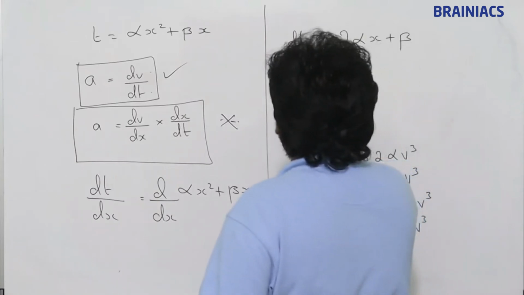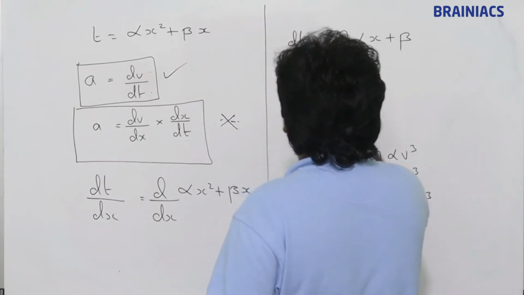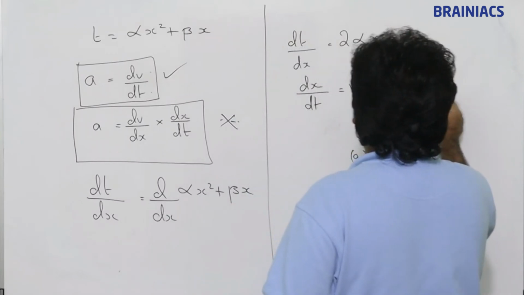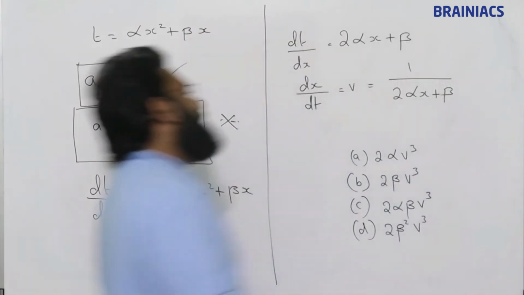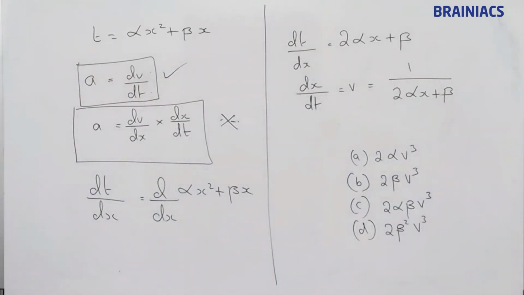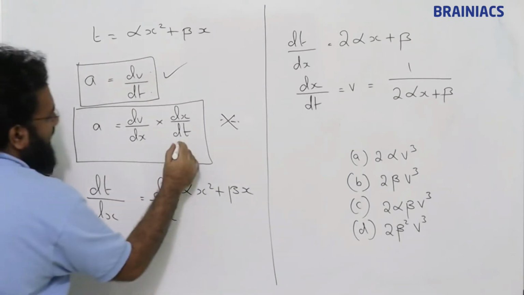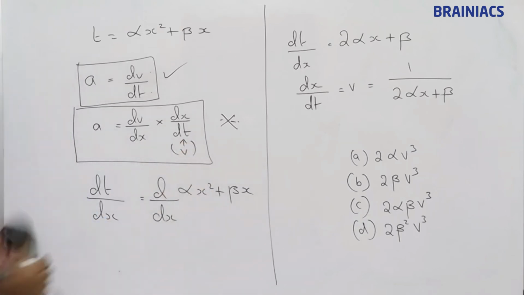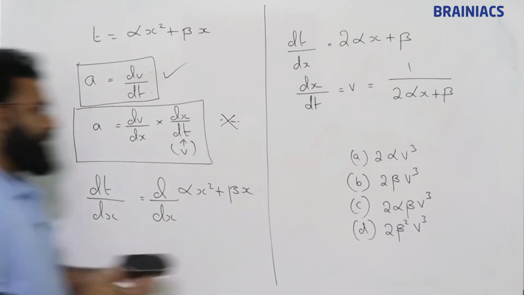Now dx by dt is nothing but velocity, which is nothing but 1 by 2 alpha x plus beta. Clear? Note it down. Now I got v, that is, this part dx by dt is nothing but v.